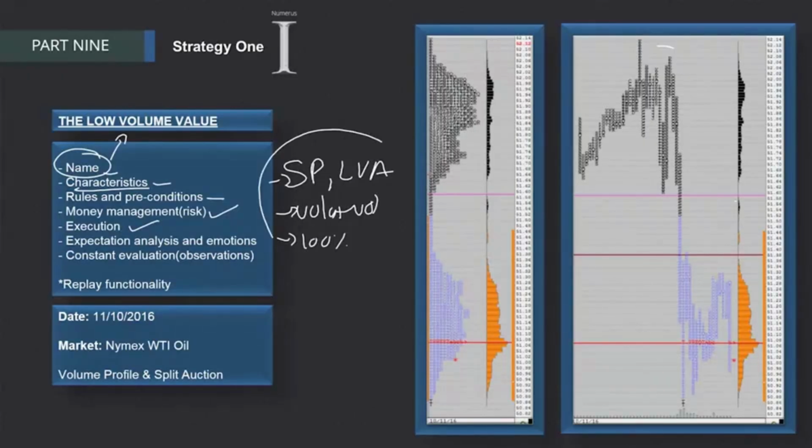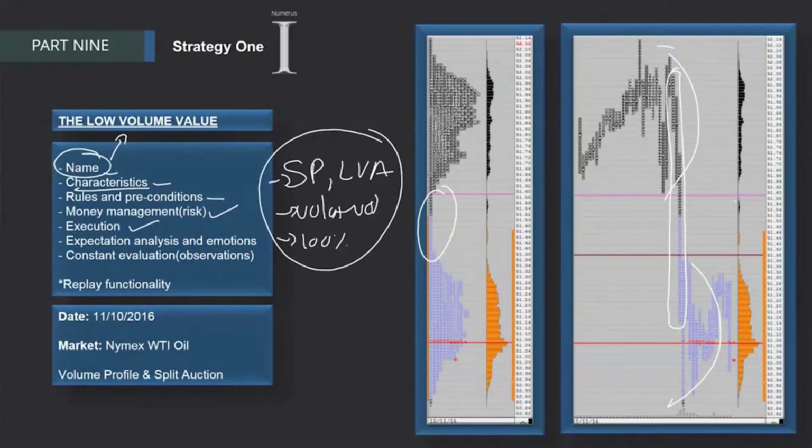So these are three vital conditions, and we can see it in this example. We can see the single prints with the low volume area, we can see a pickup in the volatility as explained with the sudden shift in the R and S print, and we can also see 100% range extension as explained earlier.